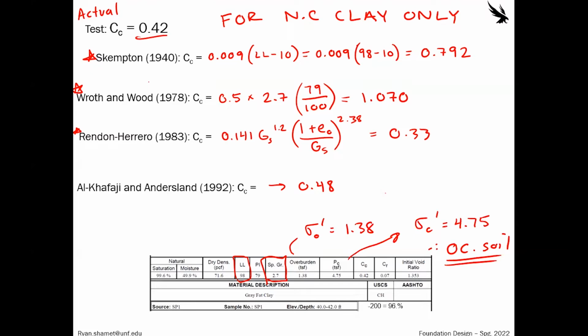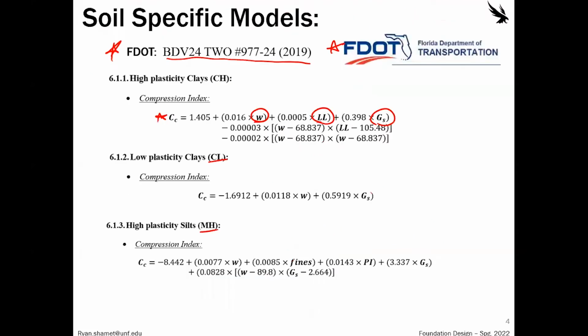And that's why you'll start seeing, hopefully, this being more utilized in the future, where specific geologic formations in specific areas of a state or region have their own correlations. So something like this from the FDOT.